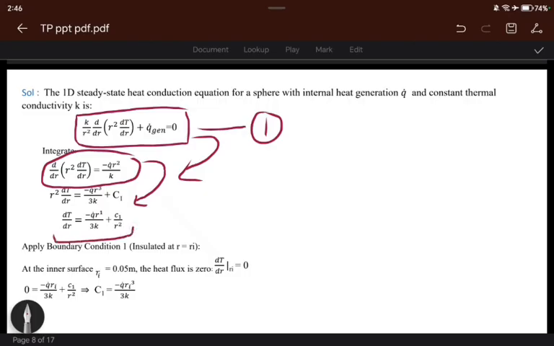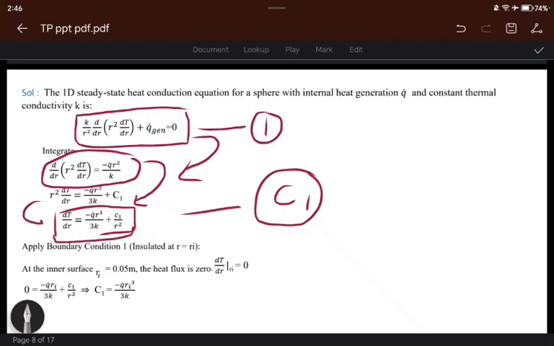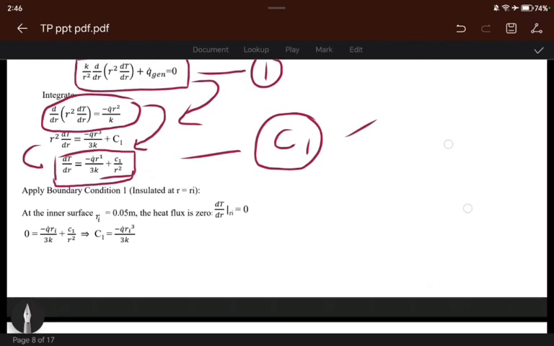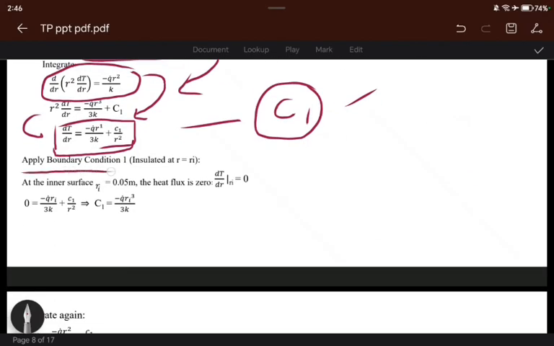Now rearranging this equation, we will get dt by dr equal to minus qr by 3k plus c1 by r square. Now we have to find here the constant value, that is c1. So first we will apply our boundary condition, that is given above.